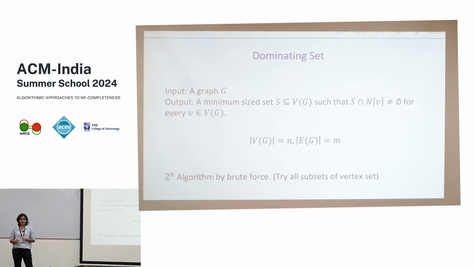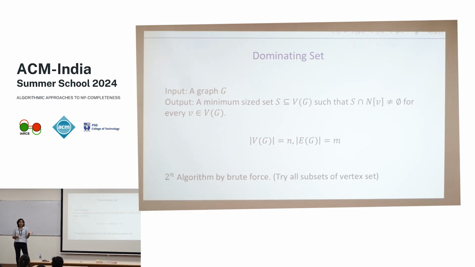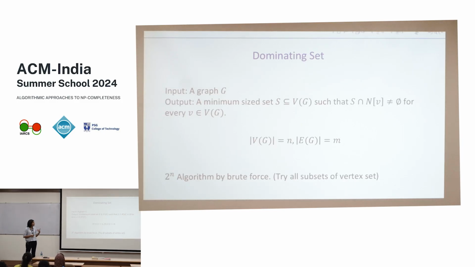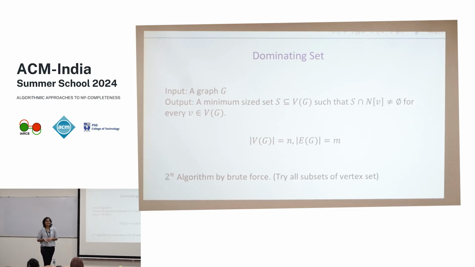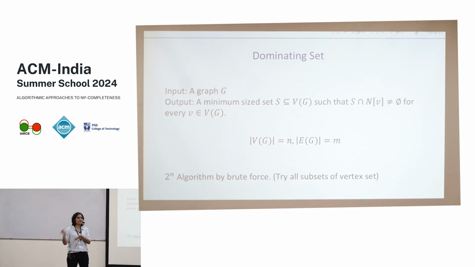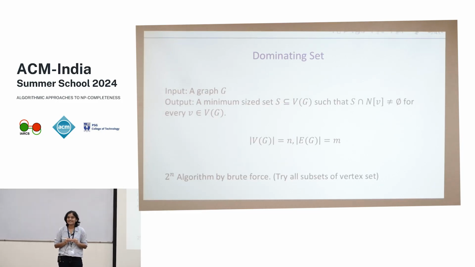And we saw that 2 power n was the brute force algorithm: try all possible subsets. And the other day, we gave a reduction from dominating set to another covering problem.